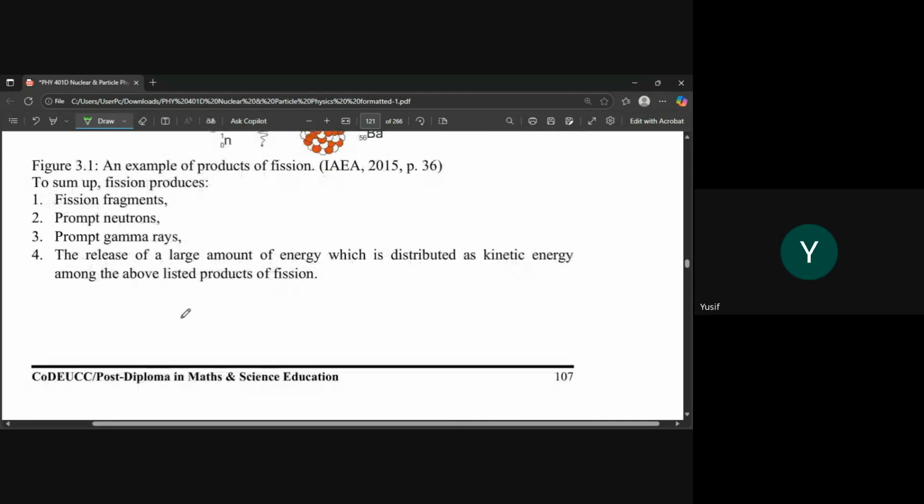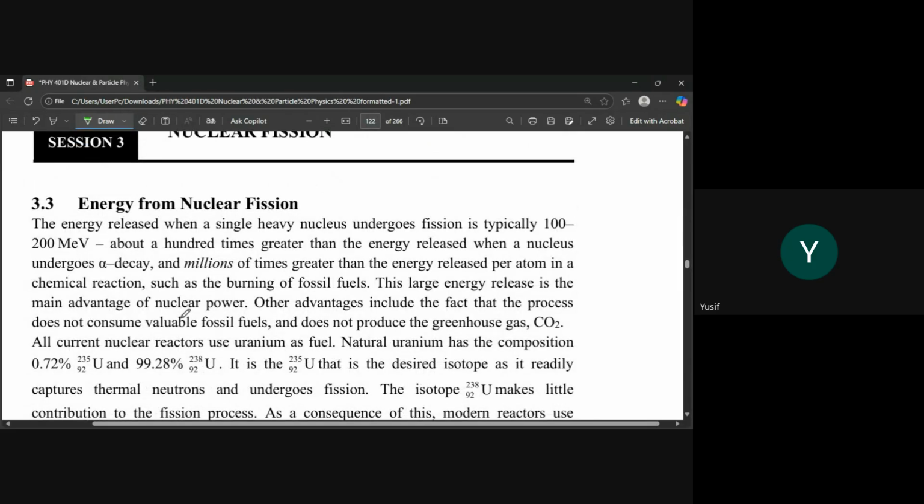Then go to energy and nuclear fission. The energy released when a single heavy nucleus undergoes fission is typically 100 to 200 mega electron volts. So when you are talking about nuclear fission, the energy released is in the range of 100 to 200 MeV, which is about 100 times greater than the energy released when a nucleus undergoes alpha decay, and millions of times greater than the energy released per atom in a chemical reaction, such as the burning of fossil fuels.